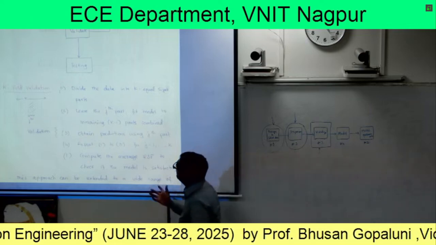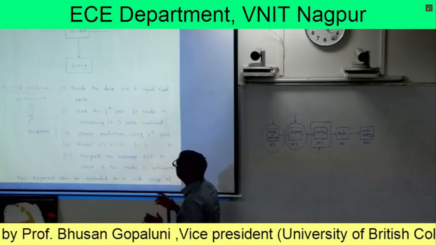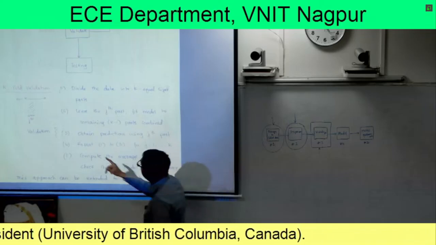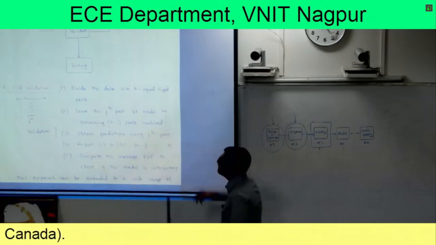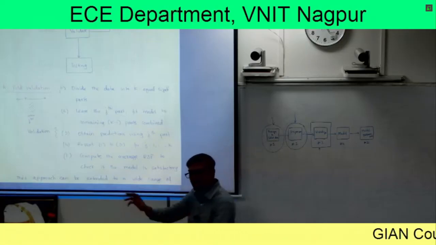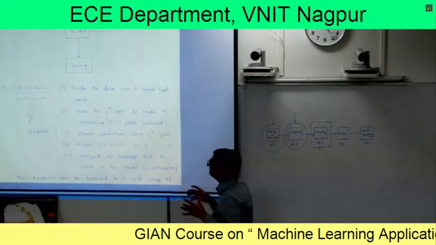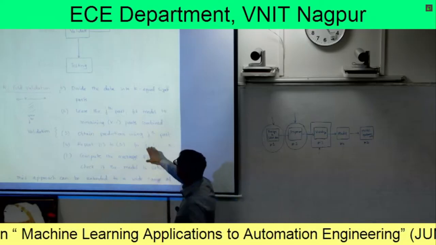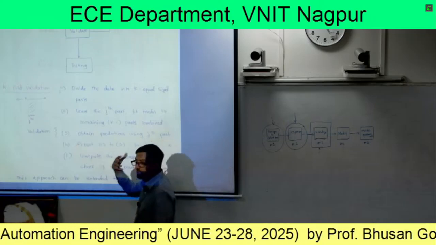In k-fold validation, you divide the data set, the entire data set, into k equal sized parts. Then you leave the jth part, fit the model to remaining k minus one parts combined. So you just take one piece of your data, put it away, fit a model to the remaining data set. And then obtain predictions using the jth part, meaning you're using the jth part as your test data set.